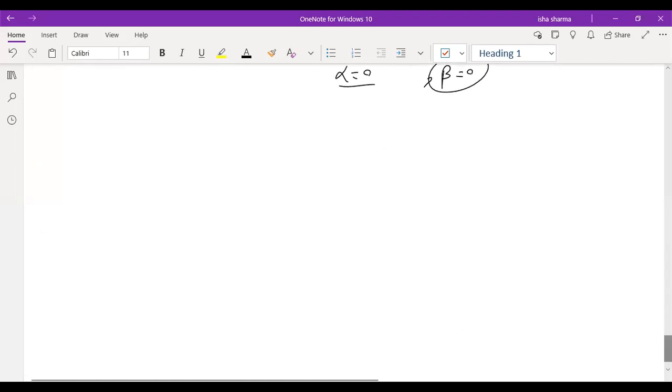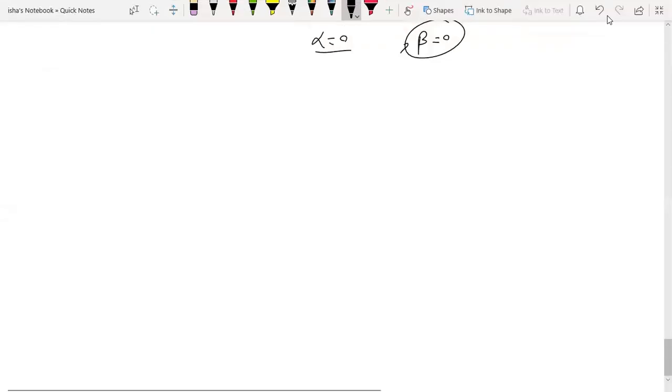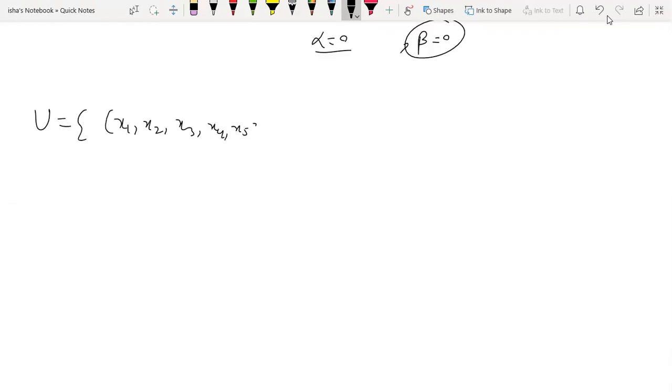Let me very quickly do that. So you are given x1, x2, x3, x4, x5. x1 plus x2 plus x3 is 0. This is one condition. 3x1 minus x4 plus 7x5 is 0. This is the second condition. And you are given vector space V5.